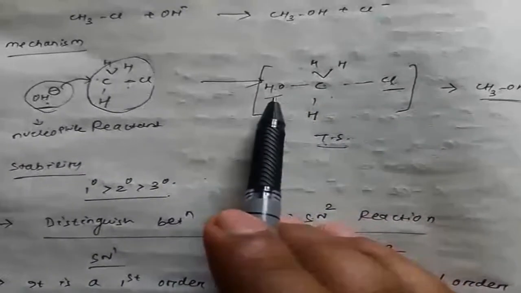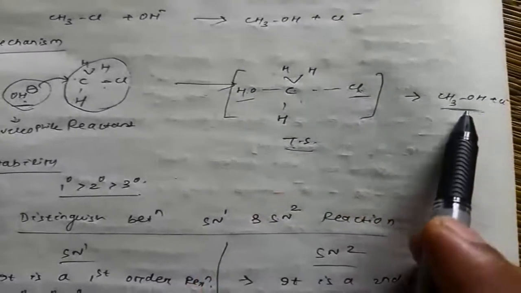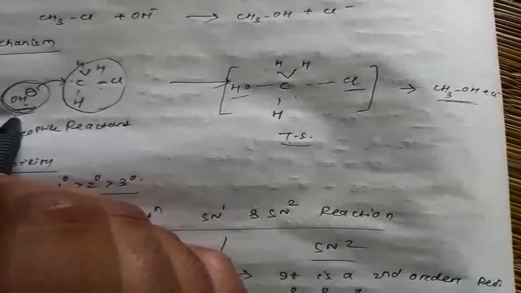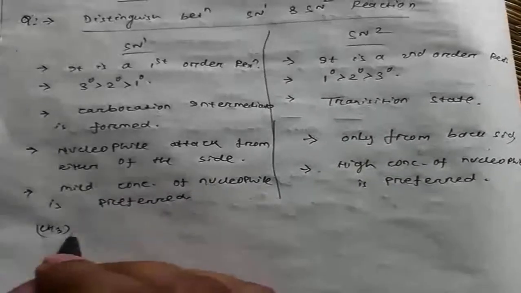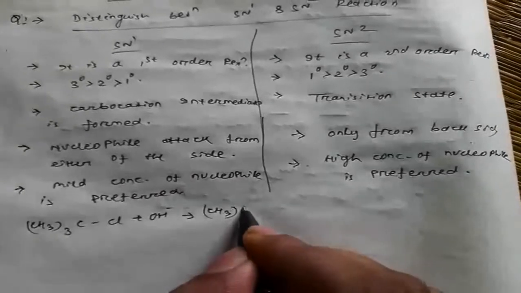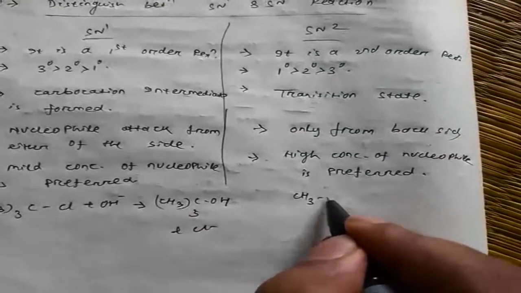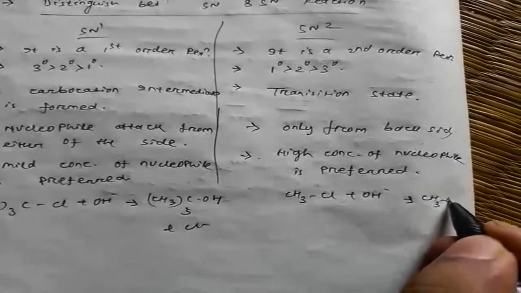The high concentration of OH- is required to push out the Cl- ion to give the desired product. So the nucleophile OH- should be in high concentration for the SN2 reaction. Here the example is CH3Cl plus OH- to give the product CH3OH plus Cl-.